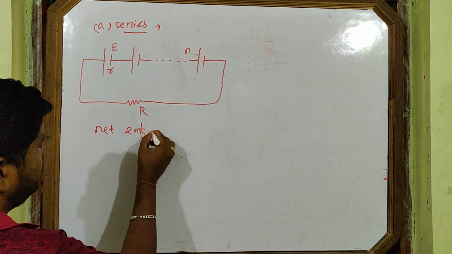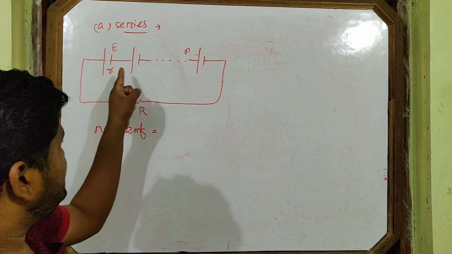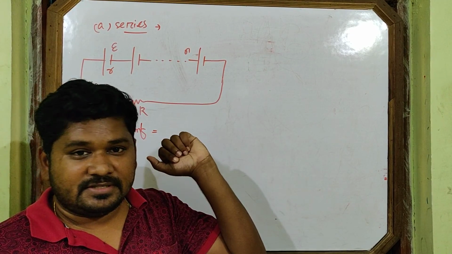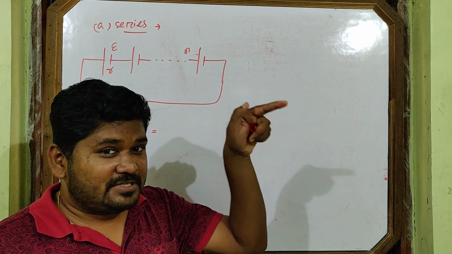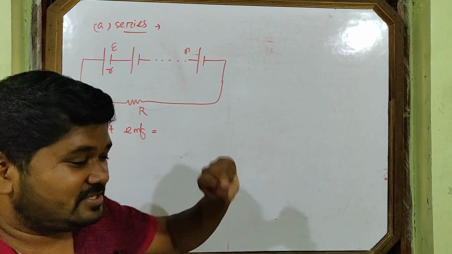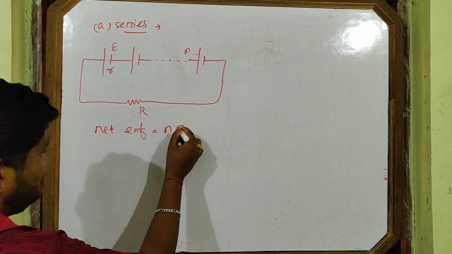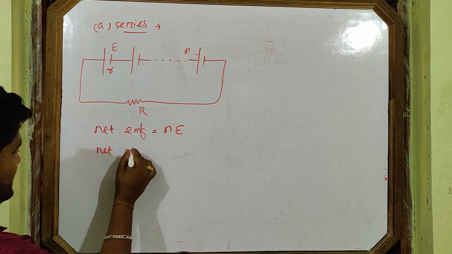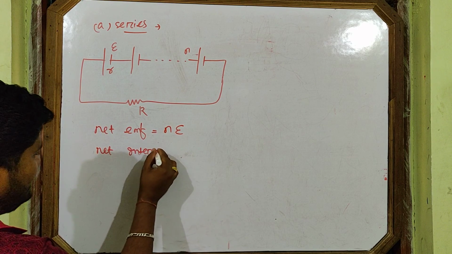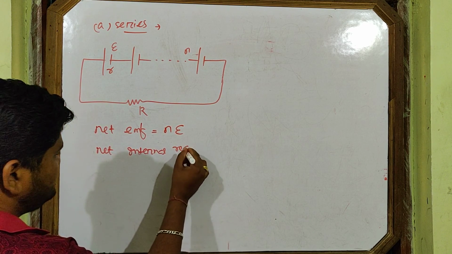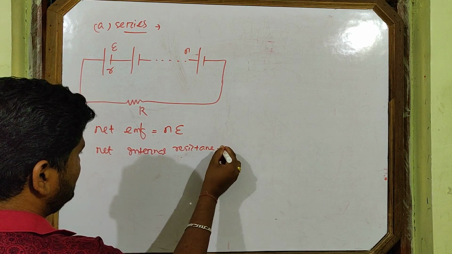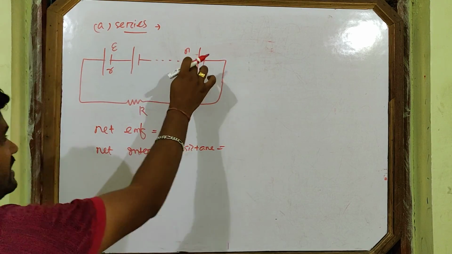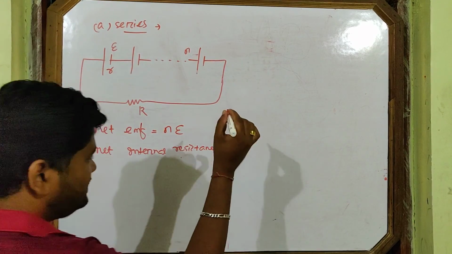N times series connection, E1 plus E2 plus E3 plus E4 and so on, so net EMF is nE. Net internal resistance is r, again N times, that is nr.